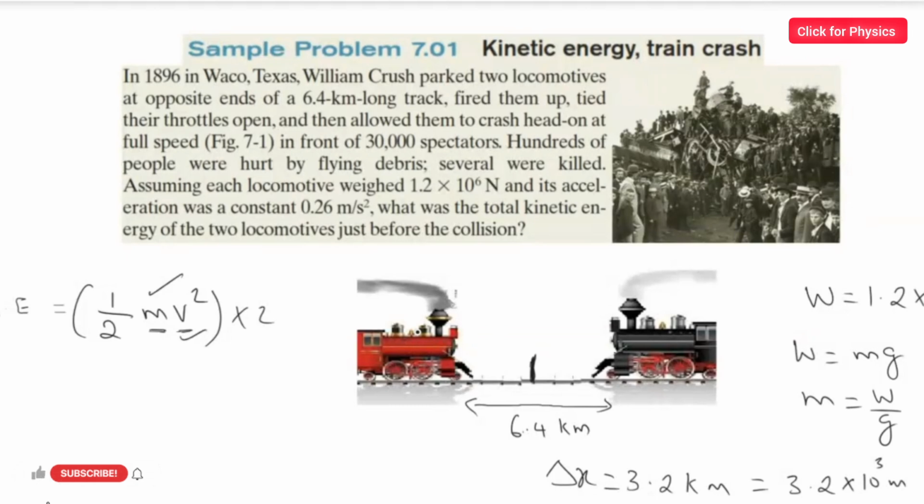For finding the speed, we use the equations of motion with constant acceleration, which we studied in chapter 2. Initially these two locomotives are at rest and then start to move, so the initial speed V0 is 0. Okay, let's write the given first.